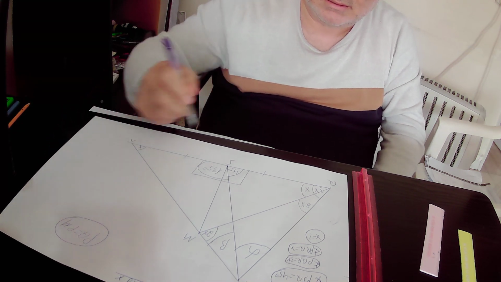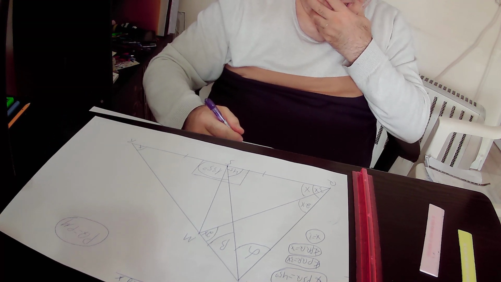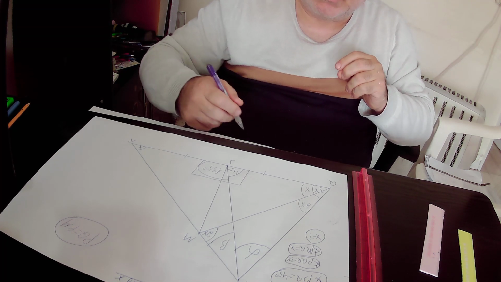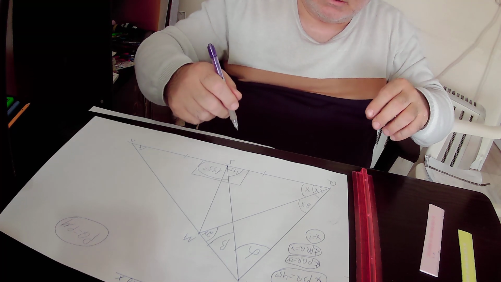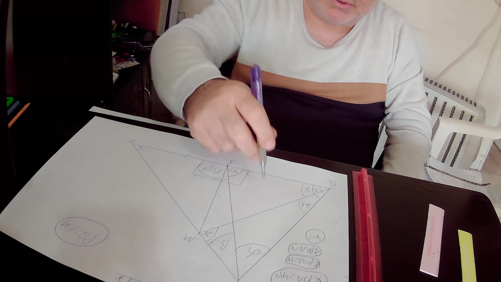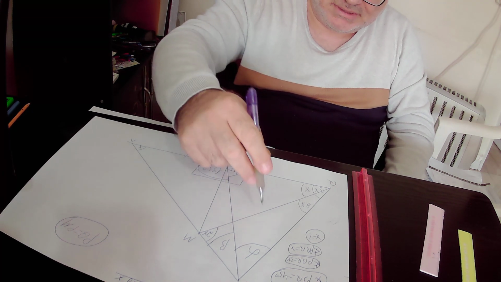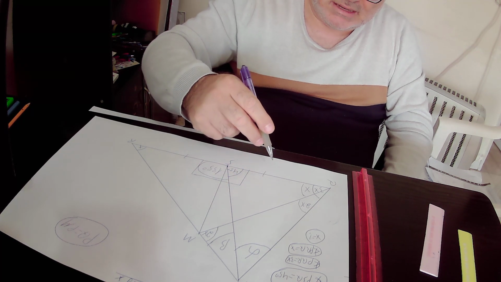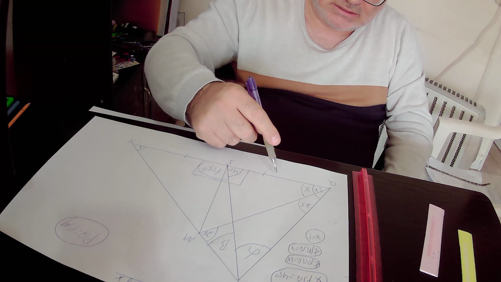Okay. And in the next step, we will draw from point P a perpendicular to QM, and then we will extend the perpendicular until it touches QS.